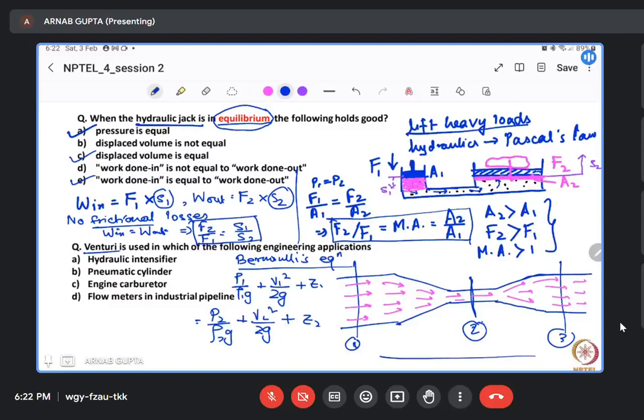So if this particular pipe is kept along a horizontal plane, then Z1 is equal to Z2. So you can cancel this out. Now comes the pressure part. Another thing, if we are considering the flow tube uniform, then this rho 1 will be the same as rho 2, and let's consider that to be rho.